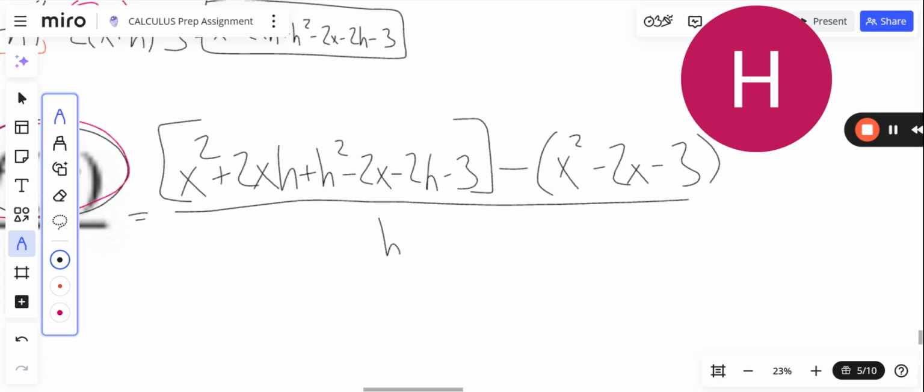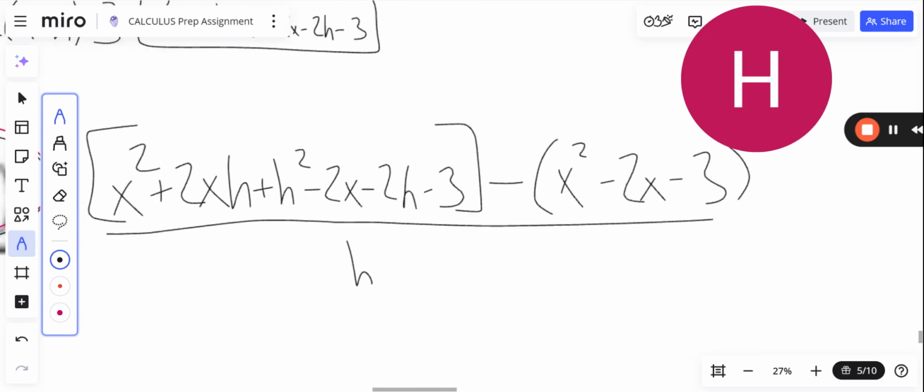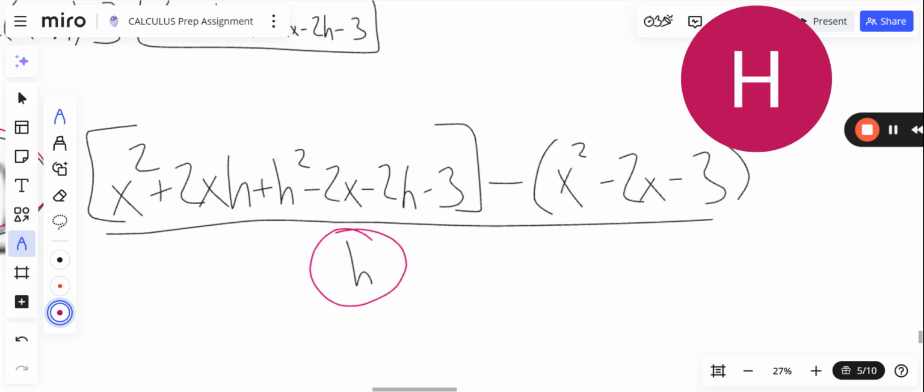I think I might have said that wrong earlier, so in case I said it wrong, let me rephrase it. Everything which does not have an h must cancel. And we're clued in about that because everything's going to be divided by h. So anything that doesn't have it will go away.